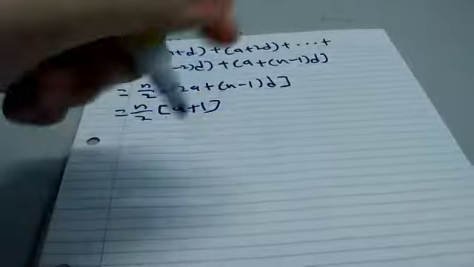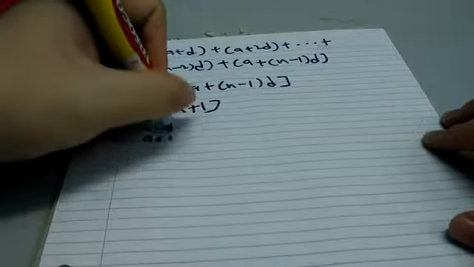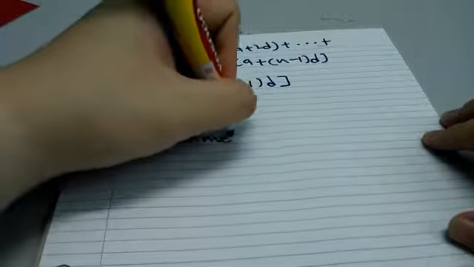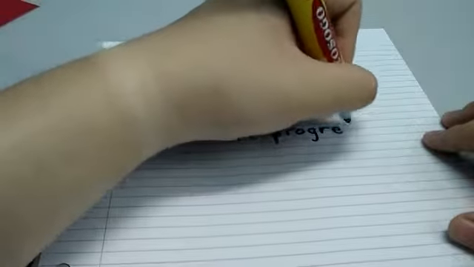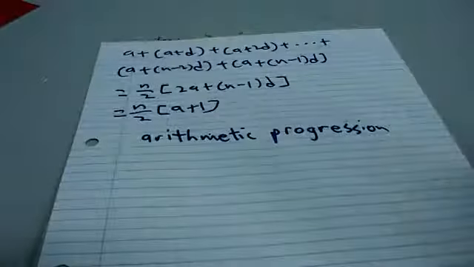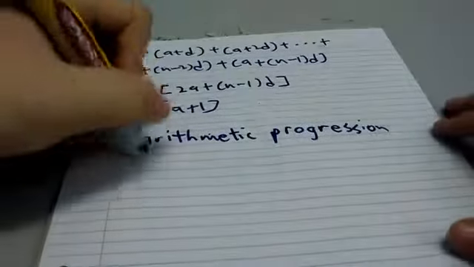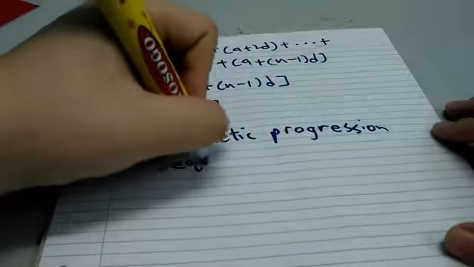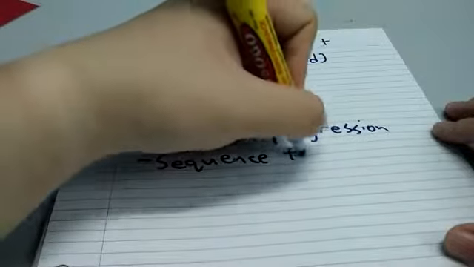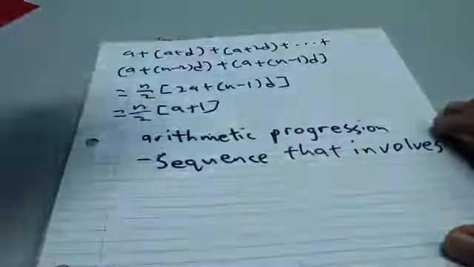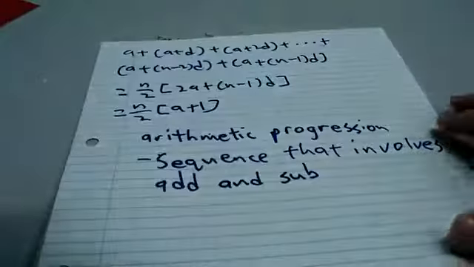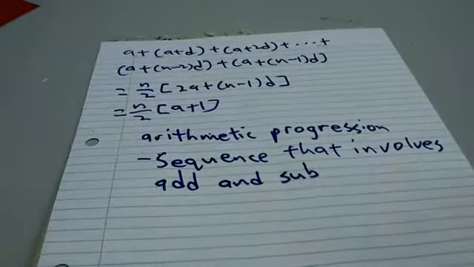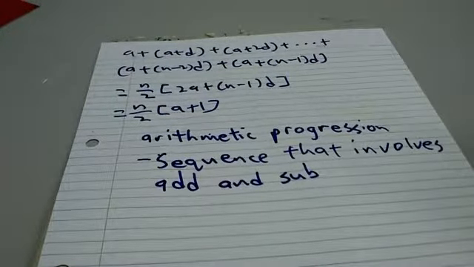And if you don't know what arithmetic progression is, arithmetic progression basically means the sequence that involves addition and subtraction.